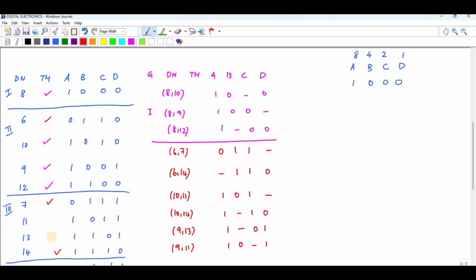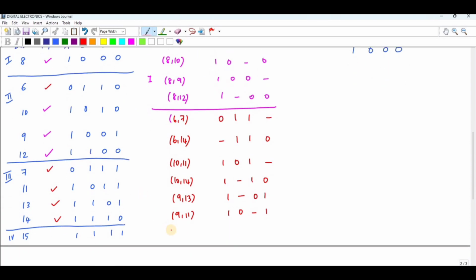Okay, 9 and 11, 9 and 13. Next, 12 and 13. If I choose 12 and 13, I will get 1 1 0 dash. Next, 12 and 14.